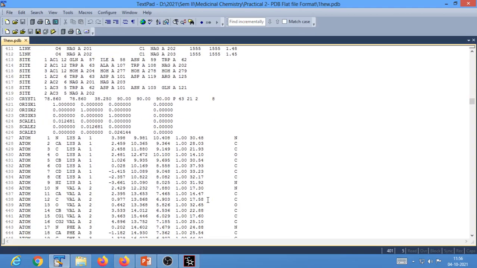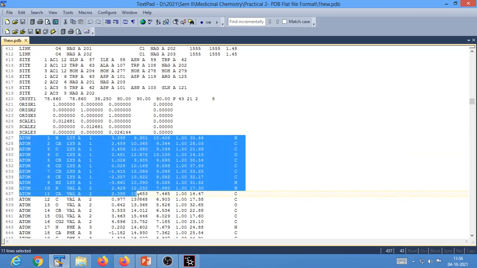Let us now begin with another section of your protein file, and this is the very heart of your PDB file. We call it coordinate information.